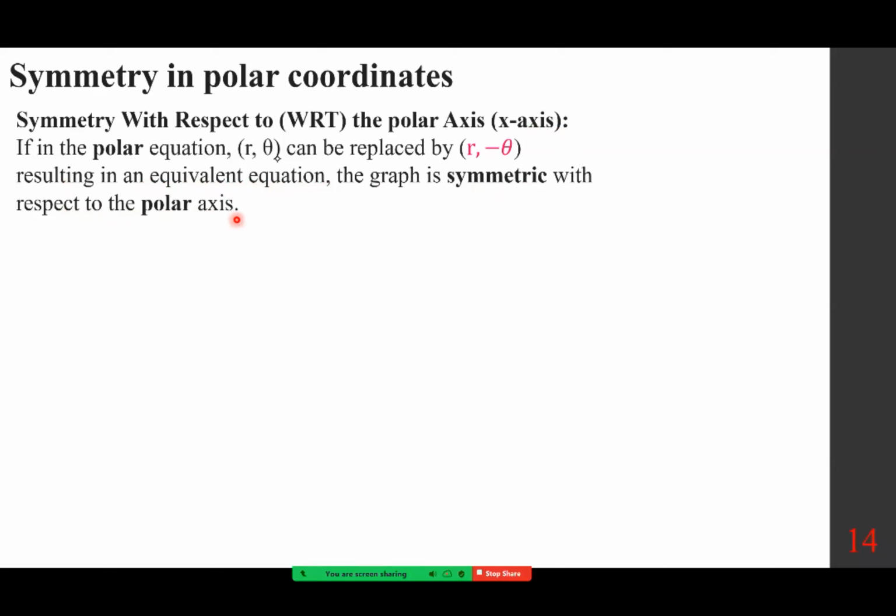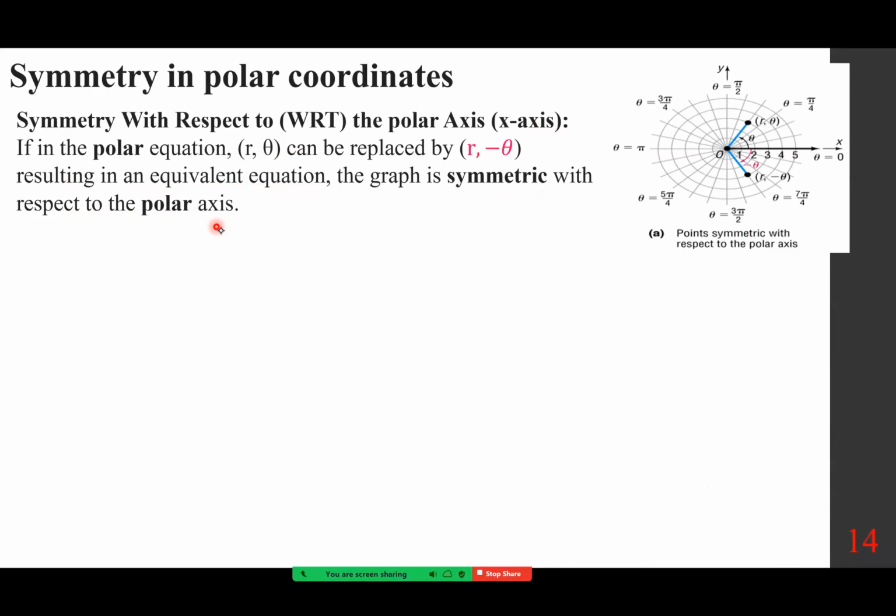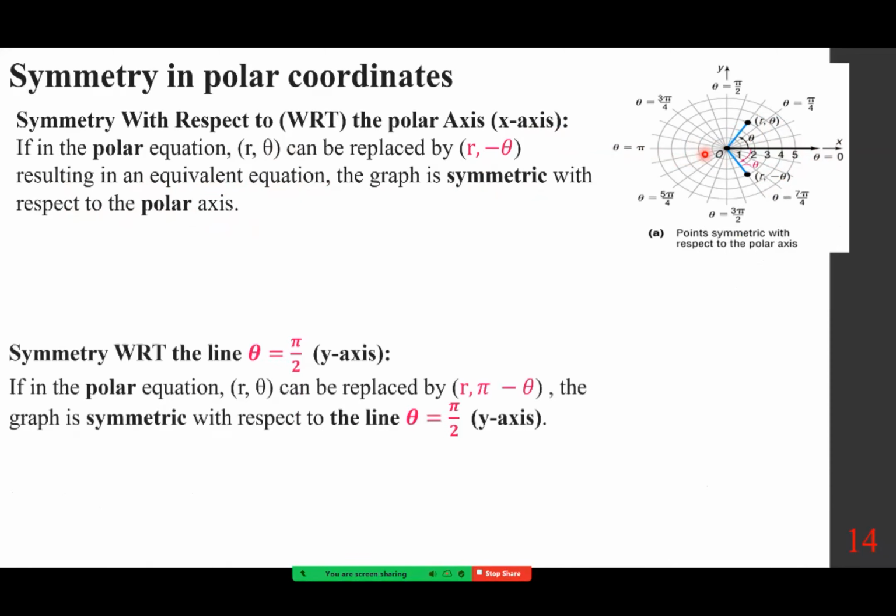So if we could change the theta to negative theta, we have a symmetry. r comma theta, r comma negative theta. So it's symmetric with respect to the polar axis, or you can think of it as x-axis.